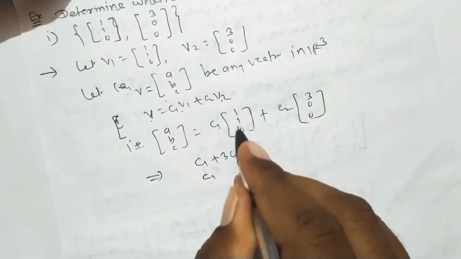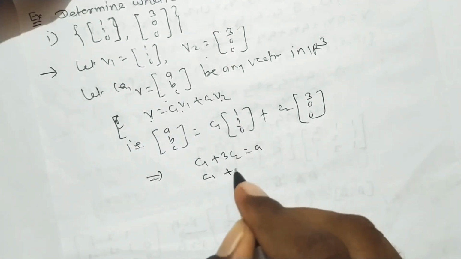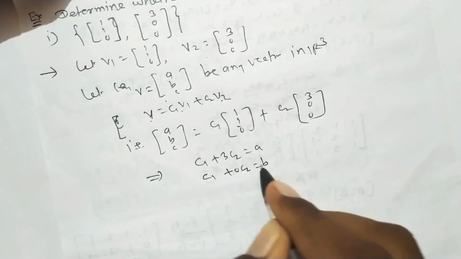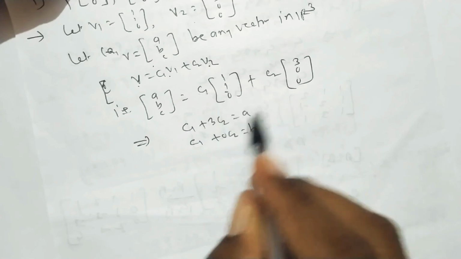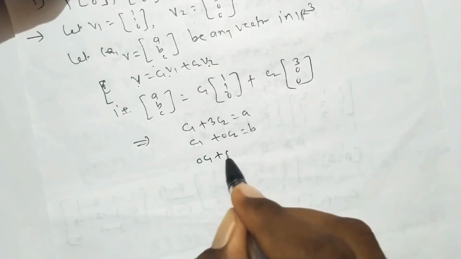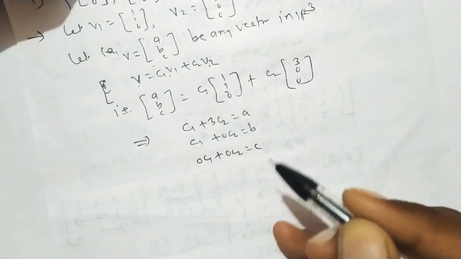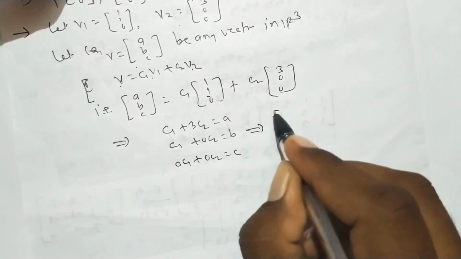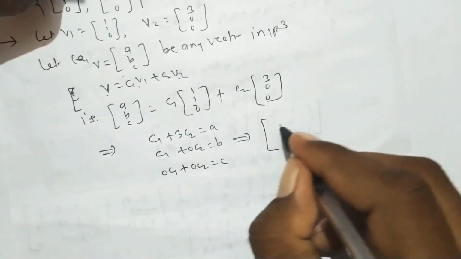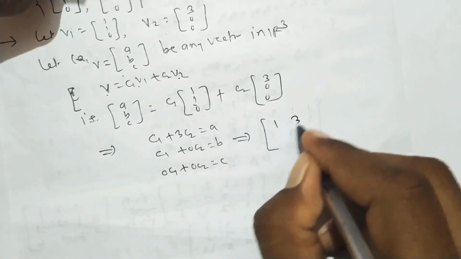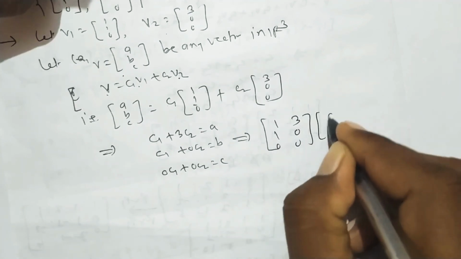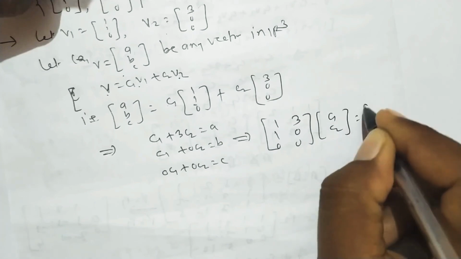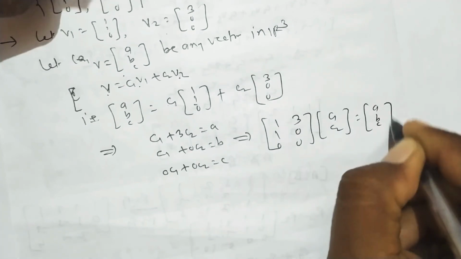Then the second equation is c1 plus 0 c2 is equal to b, and the third equation is 0 c1 plus 0 c2 is equal to c. So if we write this system in matrix form, we get the matrix 1 3, 1 0, 0 0 into c1 c2 is equal to a b c.